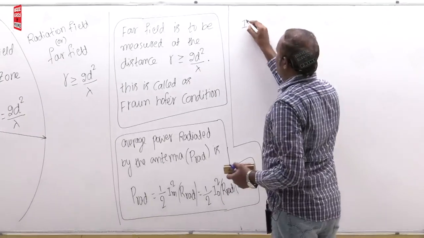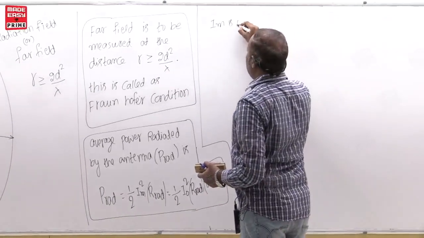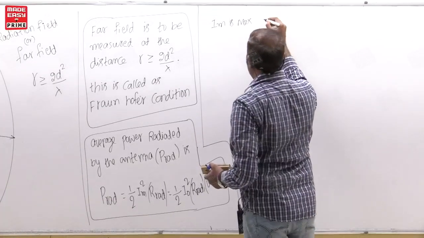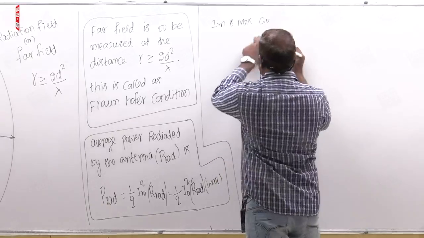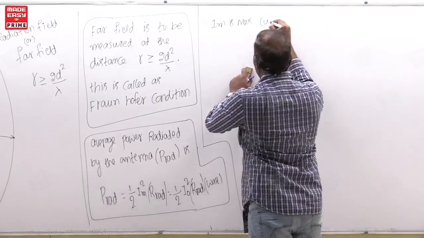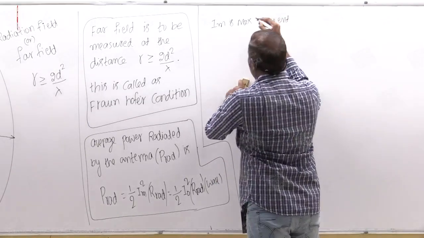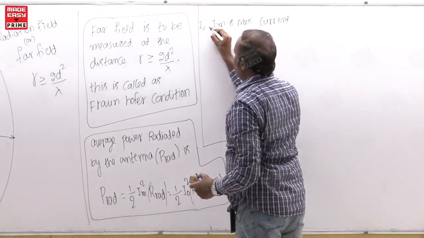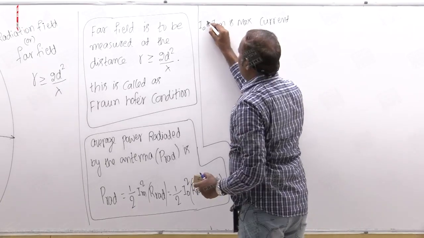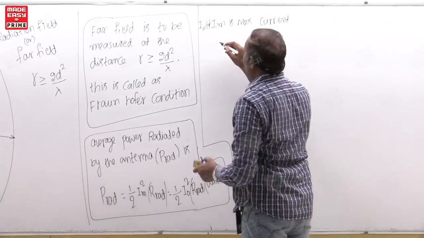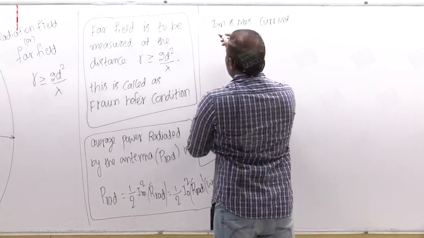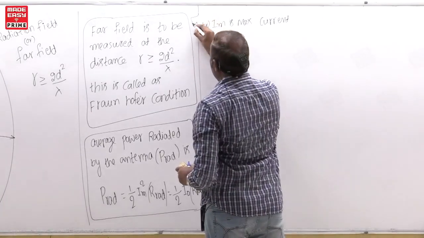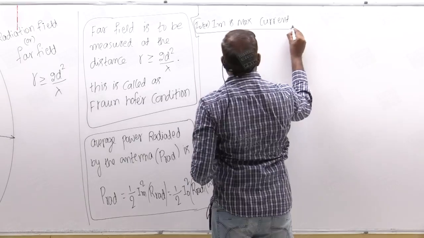Here Im is the maximum current, Im or otherwise I naught, both are the same. That is the maximum current.